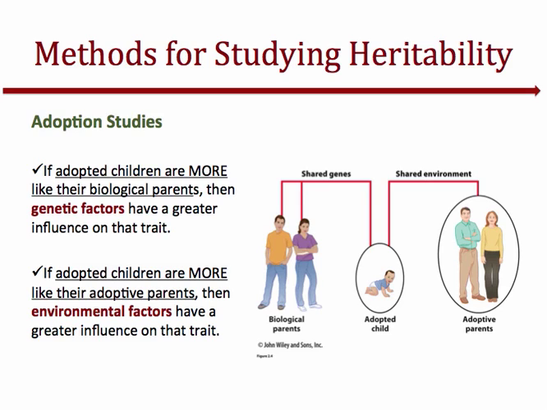That's obviously not always going to be the case, but when it is, you are then in a position to compare a child's behavior to their biological parents as well as to their adoptive parents. And once again, if adopted children are more like their biological parents on a behavioral trait, then genetic factors seem to have a greater influence on that trait. If, on the other hand, they're more similar to their adoptive parents, then it seems as if there's more of an environmental influence on that trait.